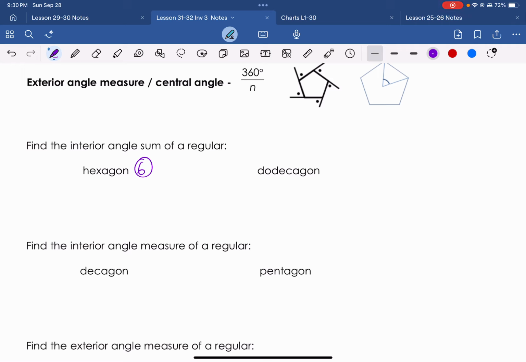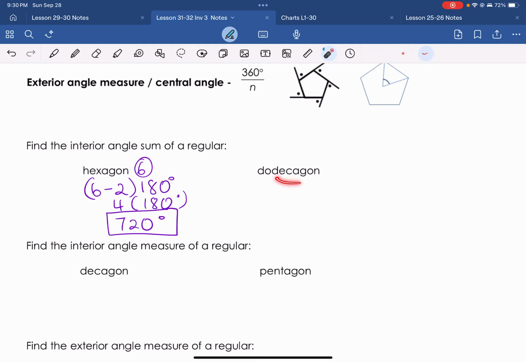So we're going to do 6 minus 2 times 180 degrees. 6 minus 2 is 4, and 4 times 180 degrees, punch that in my calculator, it's 720 degrees. So that's the sum of a hexagon's angles.